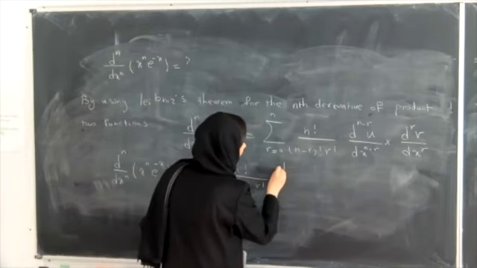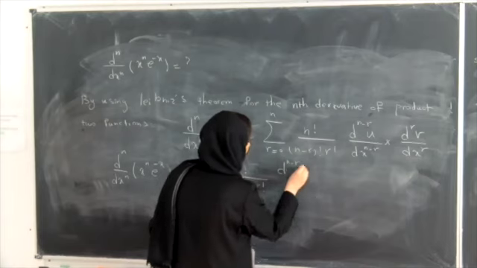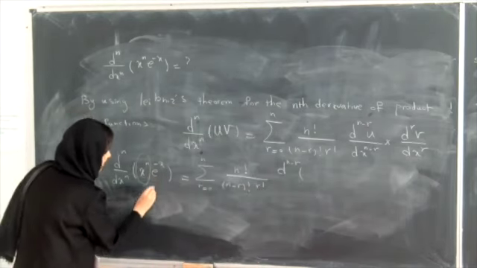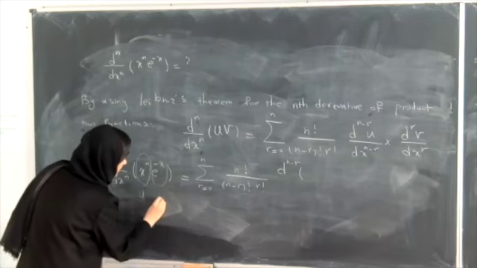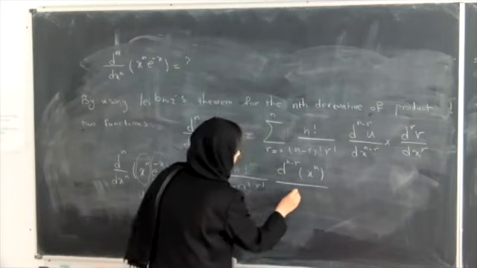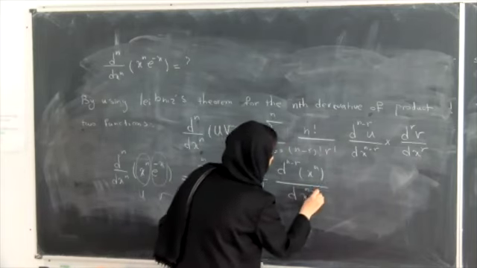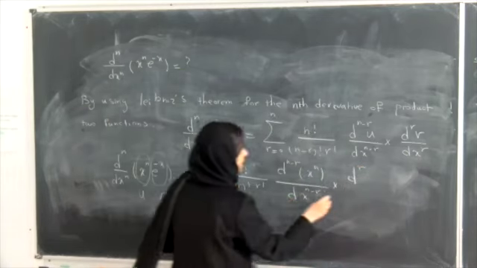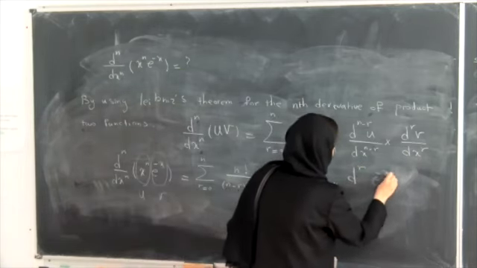Here we have the (n minus r)-th derivative of u; suppose that is u and it is v xⁿ, times the r-th derivative of e to the minus x.